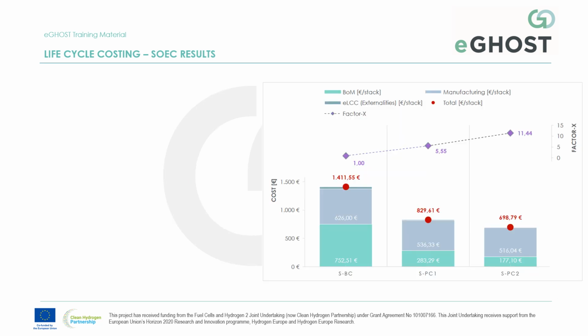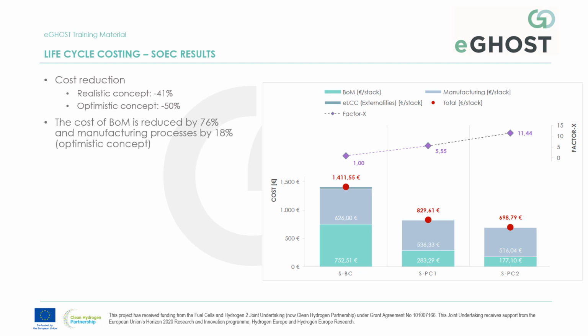And now, for the life cycle costing results for the solid oxide, the cost reduction is quite significant again, so 41% and 50% for the optimistic concept. The cost of bill of materials is reduced by 76%, while the manufacturing processes are reduced only by 18% for the optimistic concept.